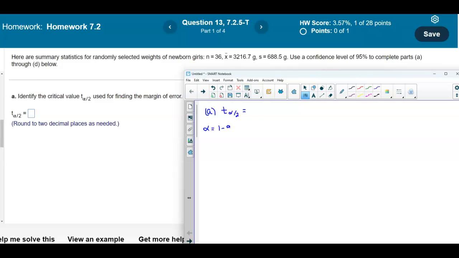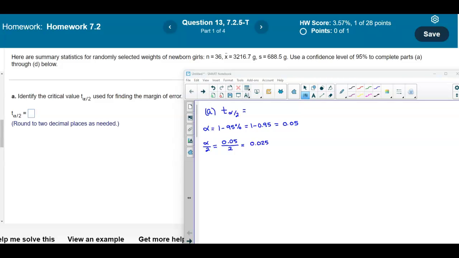So 1 minus 0.95 gives us 0.05, which is alpha. Then we take alpha and divide that by 2. So 0.05 divided by 2 gives us 0.025.